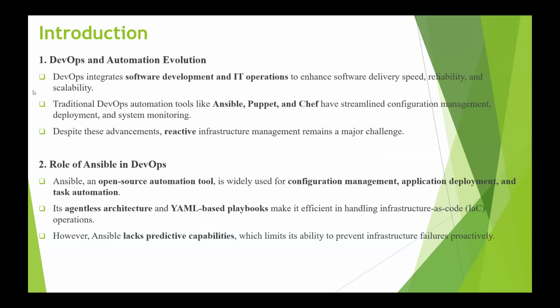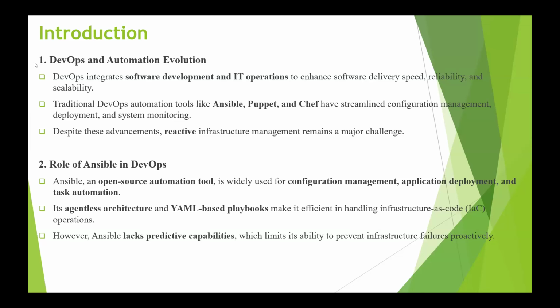The introduction part is DevOps and automation evolution. DevOps integrates software development and IT operations to enhance software delivery speed, reliability, and scalability. Traditional DevOps automation tools like Ansible have streamlined configuration management, deployment, and system monitoring.